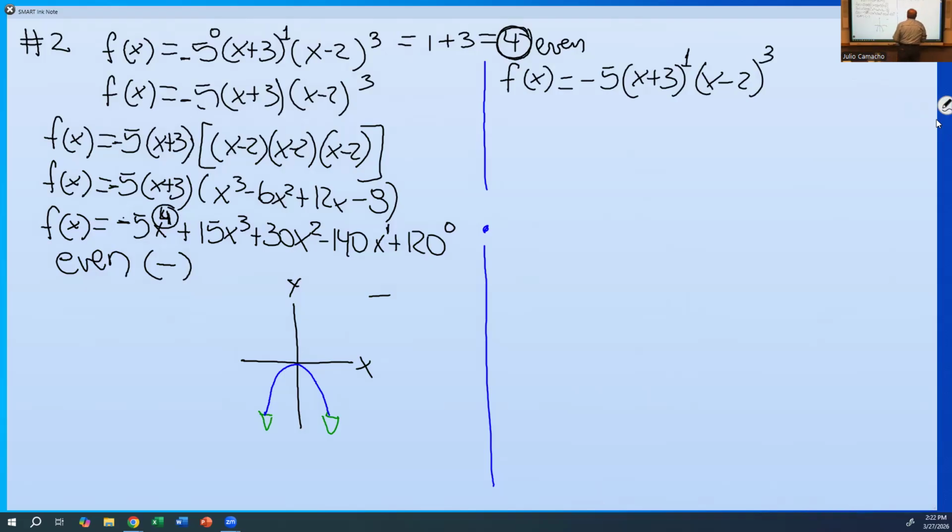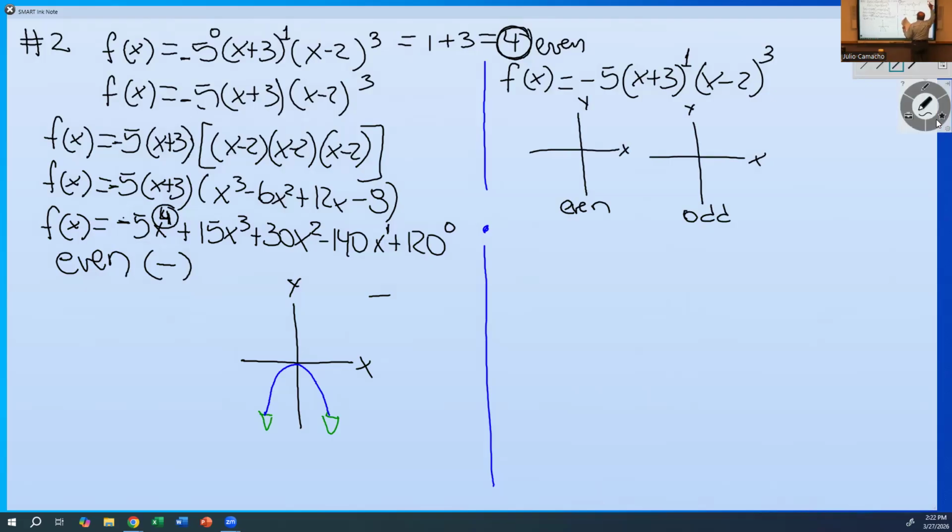So what happened? We already talked before about the behavior of all even and odd functions. I'll put again, this is your y and your x. I'll put here even, odd, and both will be positive, but what we need to know is the behavior, regardless of positive or negative.